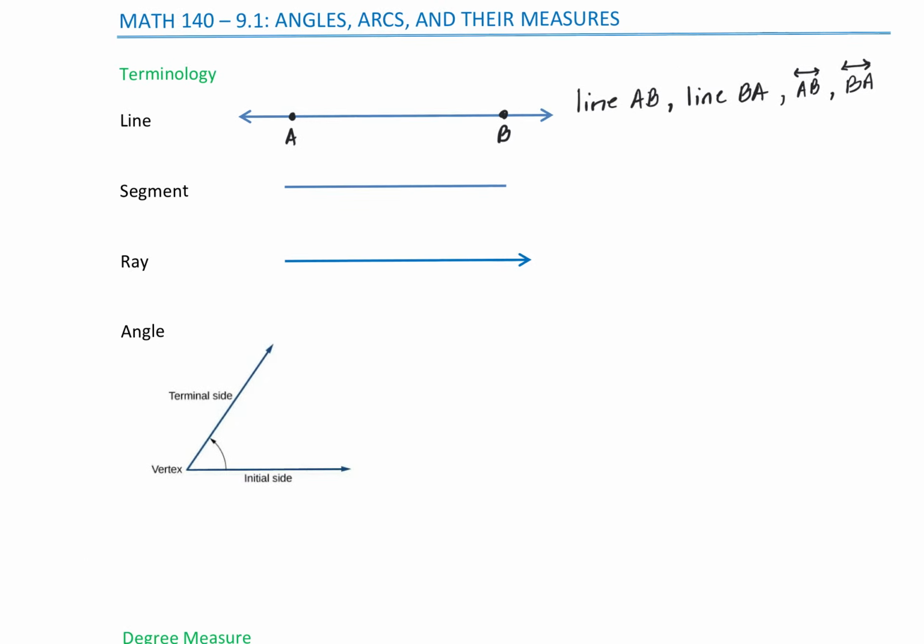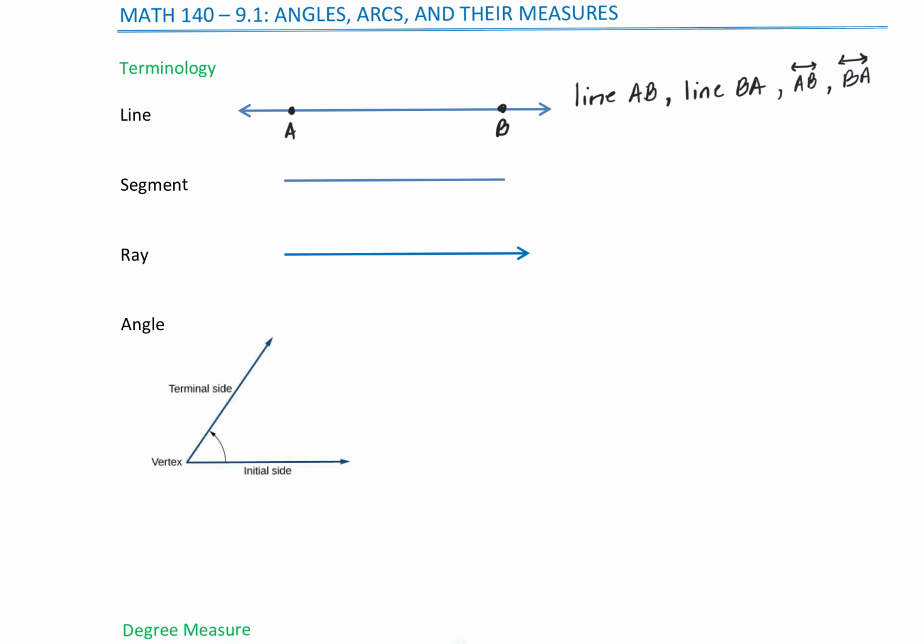Now, if I didn't have a line that went on forever and I just had a segment of a line between 2 points A and B, then I could simply use the word segment and list the points AB or BA. The order here doesn't matter.